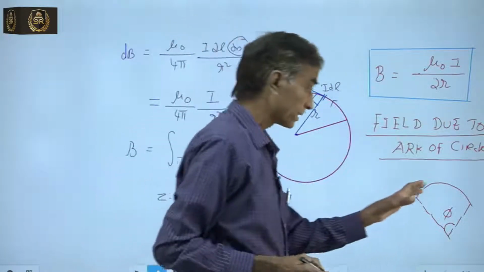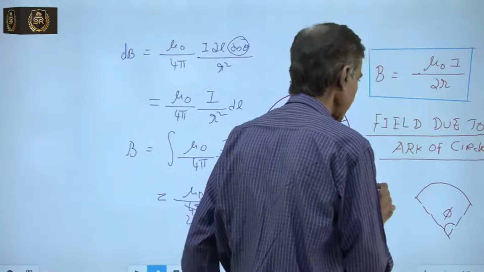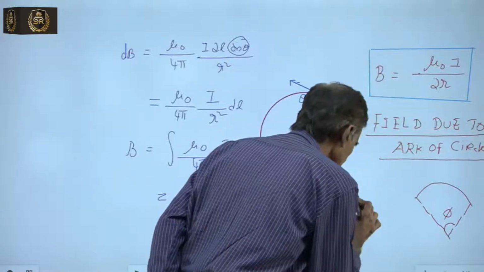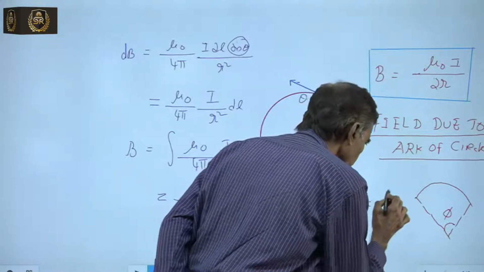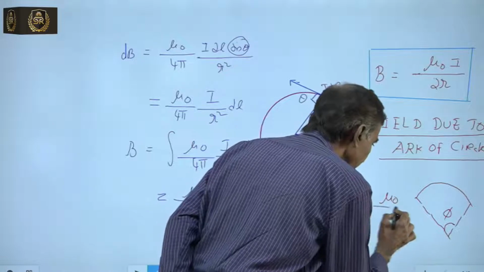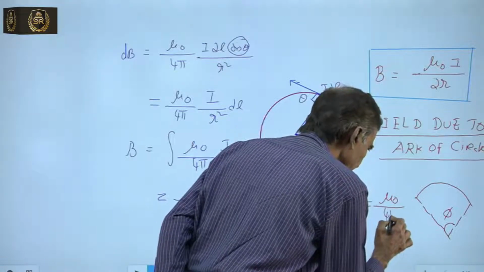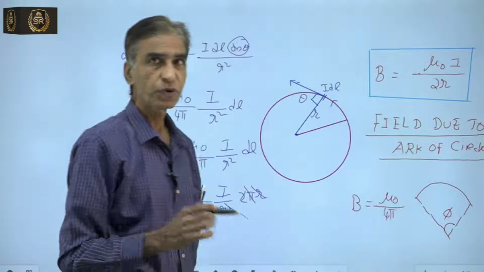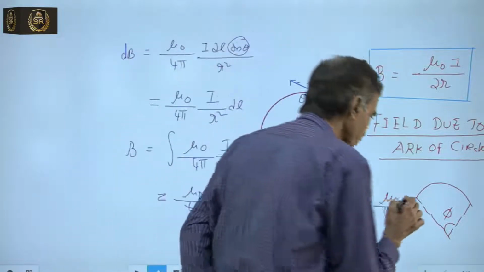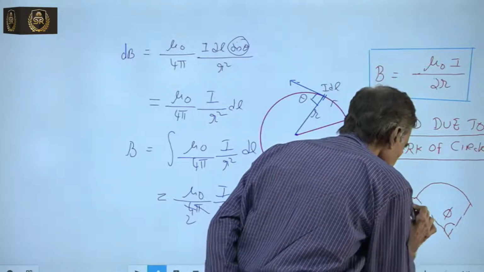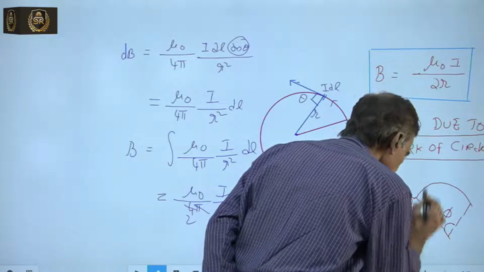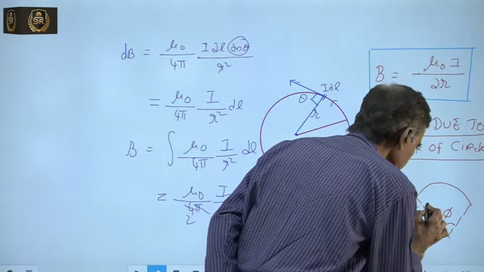In this case we are going to get B at the center is equal to mu naught by 4 pi into I by r into phi.